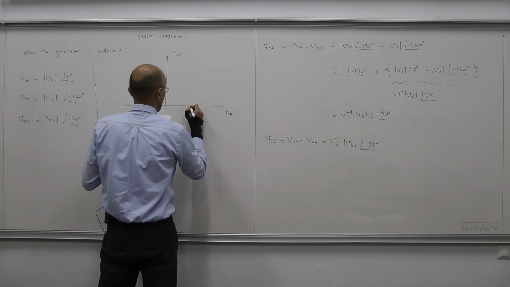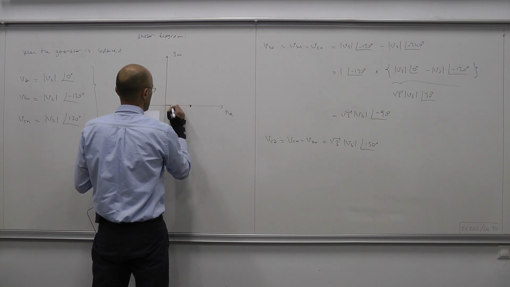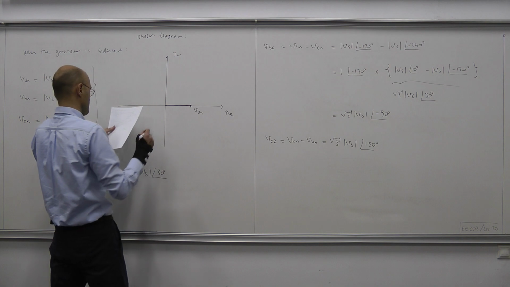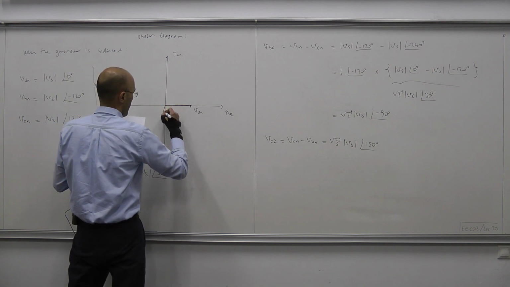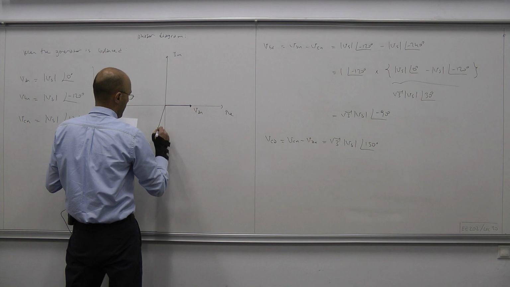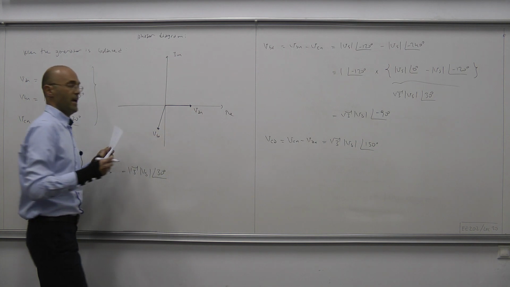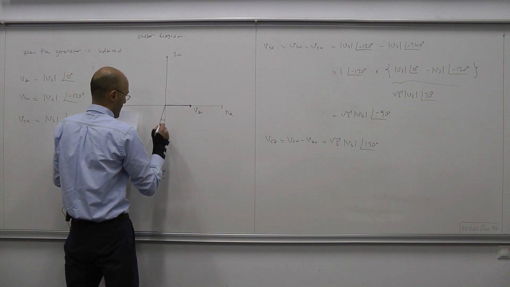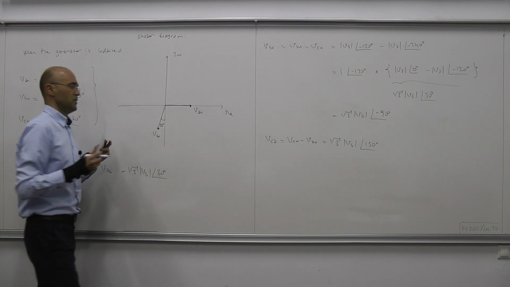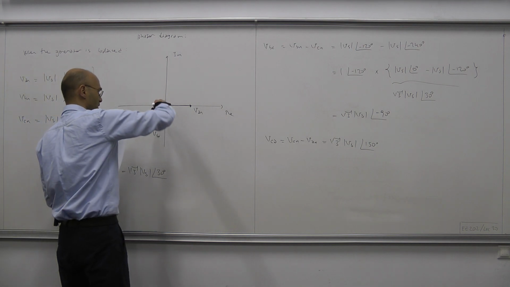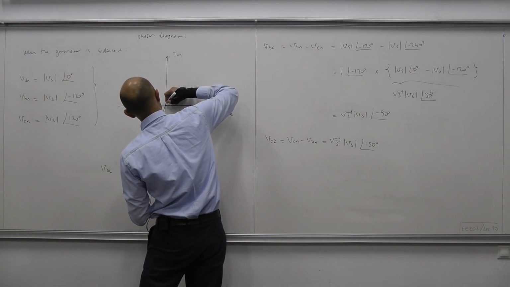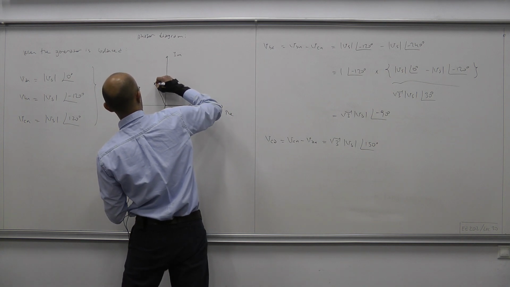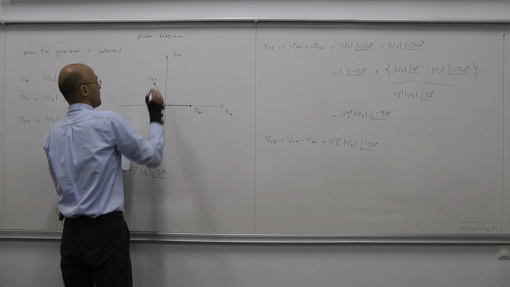We have this balanced triple of phase voltages, VAN, VBN, we go 120 degrees, therefore this angle here is 30 degrees, and then we go 120 degrees clockwise further, and that produces VCN.